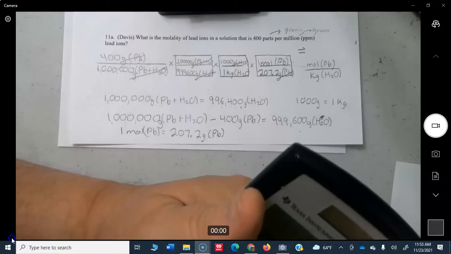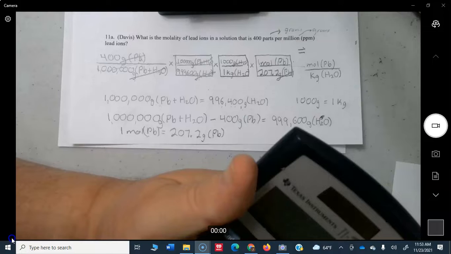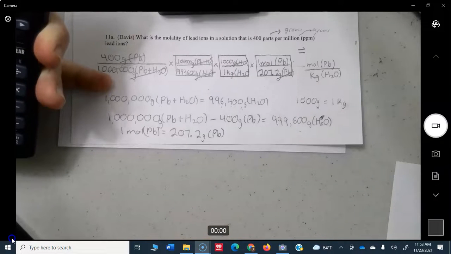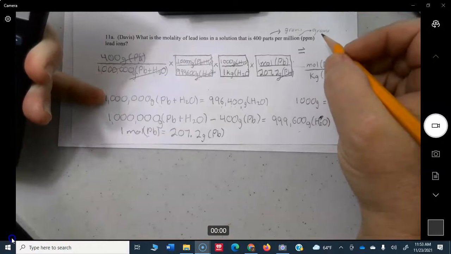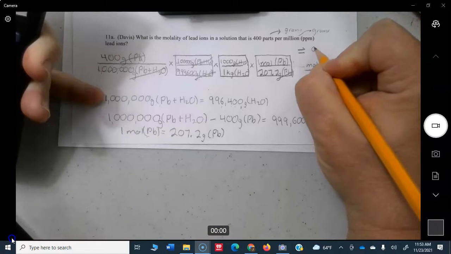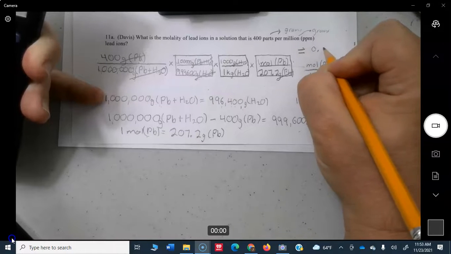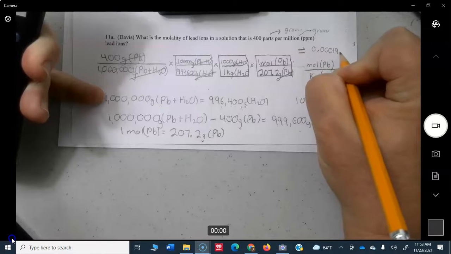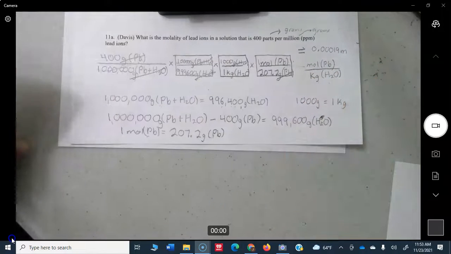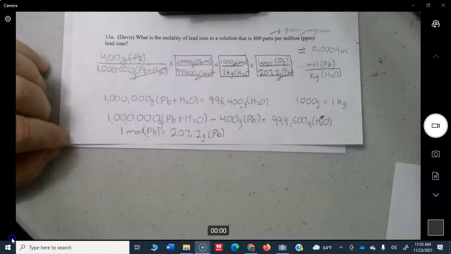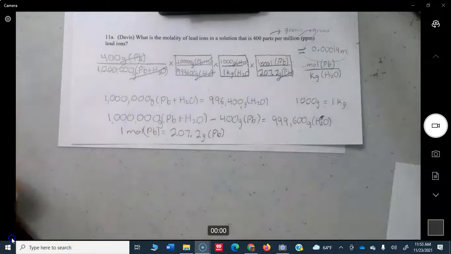Divided by 207.2, and that gives us 0.00019, and it's small m for molal, moles per kilogram of solvent, and that's molality. So that's our final answer.